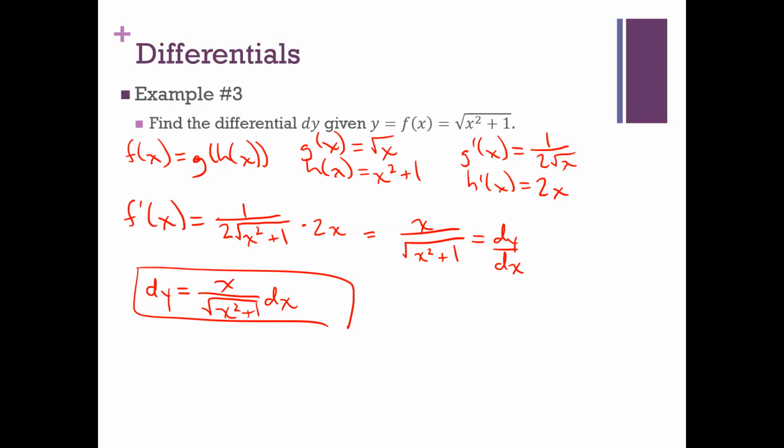This right here is the rate of change of the function f of x with respect to x. This right here is how I find small changes in y as a function of x and some small change in x. Any questions there? Okay.